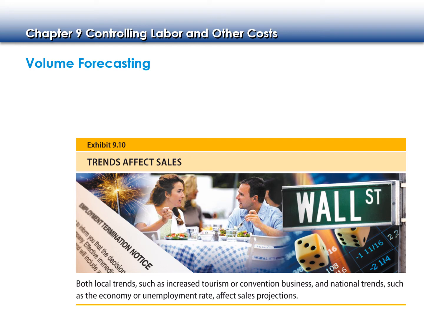Things that affect our sales, obviously, include the volume that we have. If an area is experiencing increased or decreased tourism, or if there are lower unemployment rates and the economy is doing well, that's going to affect how many people are coming to eat in the restaurant.